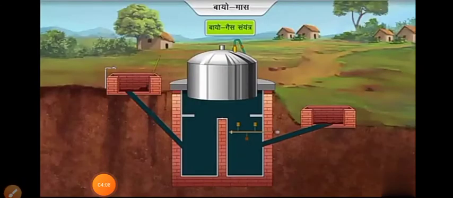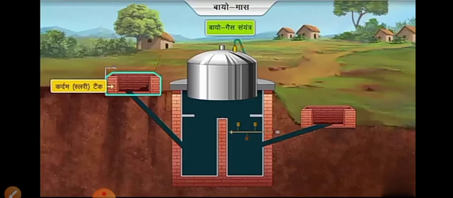This is the plant to create light, electricity. You can observe here the biogas chamber. The wall structure is there. The slurry tank is over here.